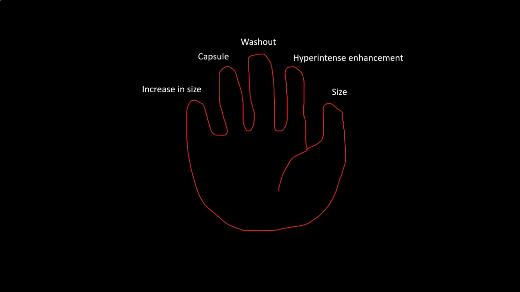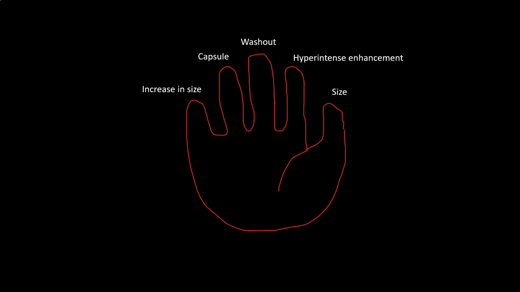LIRADS 1 and 2 are benign and probably benign lesions. LIRADS 3, 4, and 5 are hepatocellular carcinomas with different degrees of probability. LIRADS 3 is the least probable and LIRADS 5 is highly probable hepatocellular carcinoma.